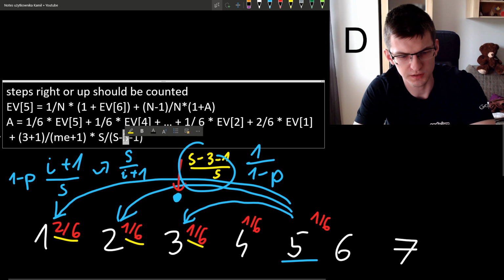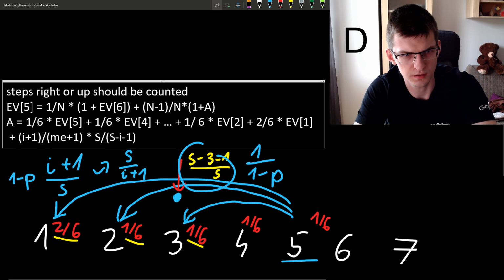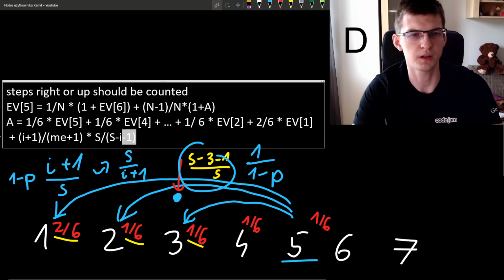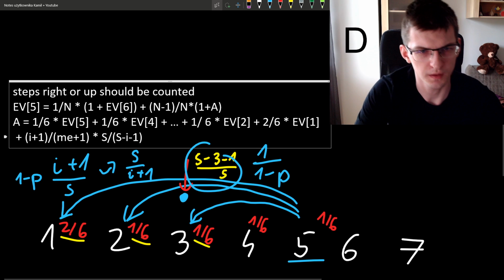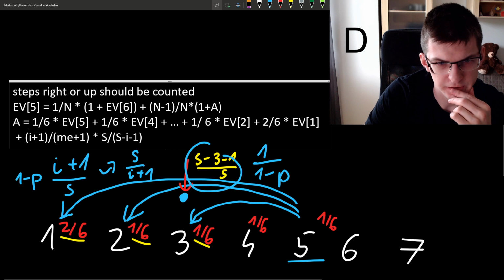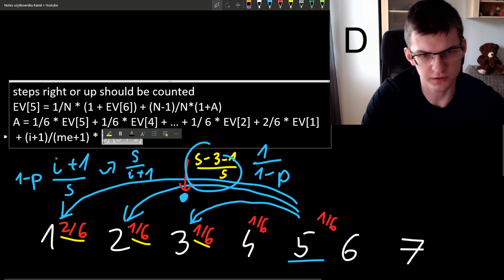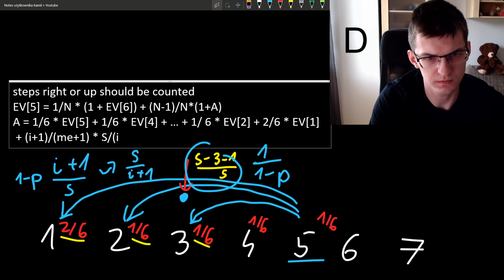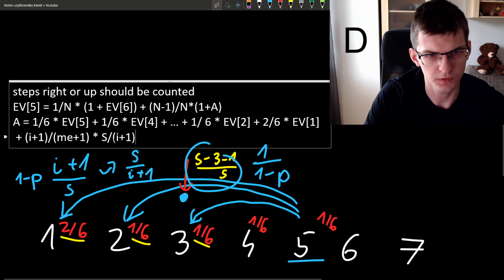This is me, this is I, this is I. Well, I can just... And now, instead of this inverse of yellow, I should just have this. Oh, this gets cancelled.